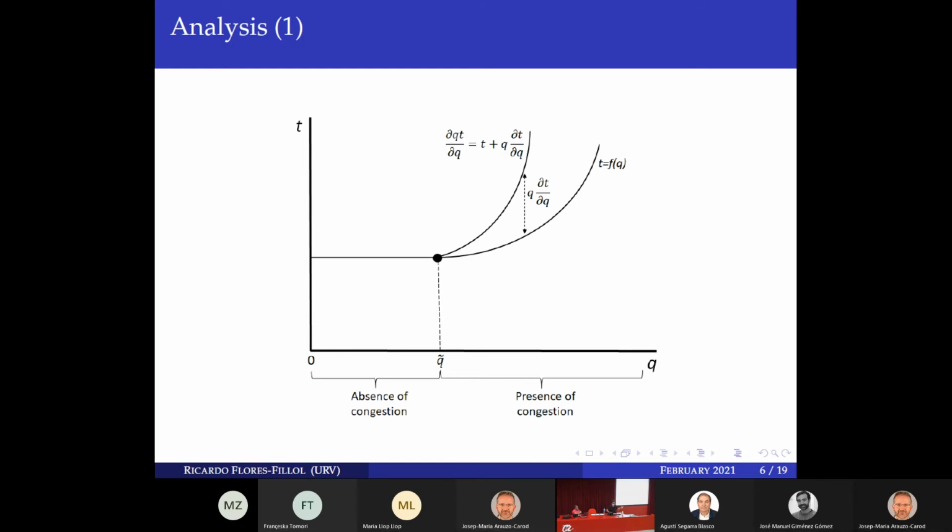You say, ten minutes ago it was free flow, and now I'm stuck. It appears very fast, so you don't have time to react. But the good news is that if you reduce the traffic a bit, congestion disappears. It appears very fast, but it can also disappear very fast.